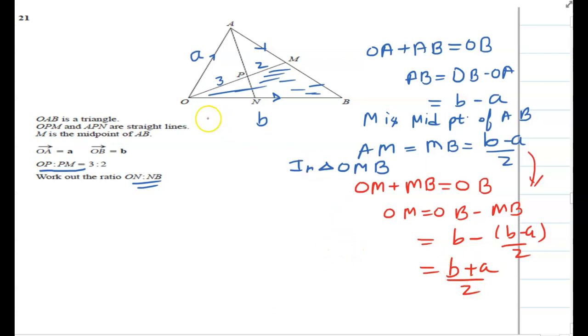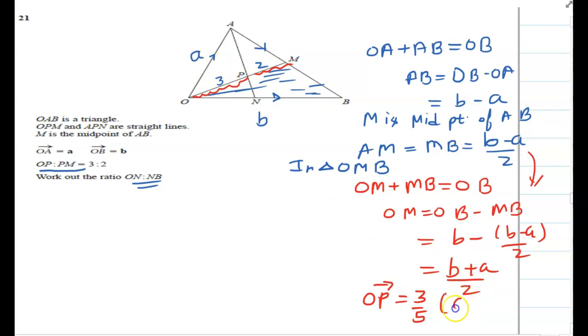Now what will be OP here? Because OP is 3 and PM is 2, OP will be 3/5, because this portion is 3/5 and this portion is 2/5, so 3/5 of OM.